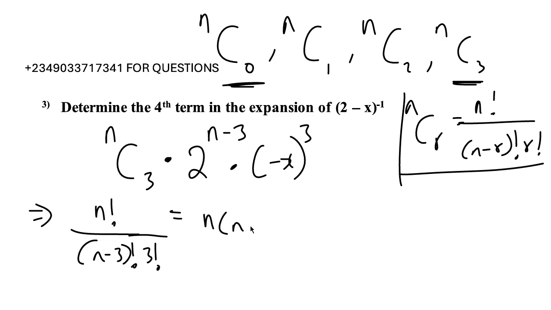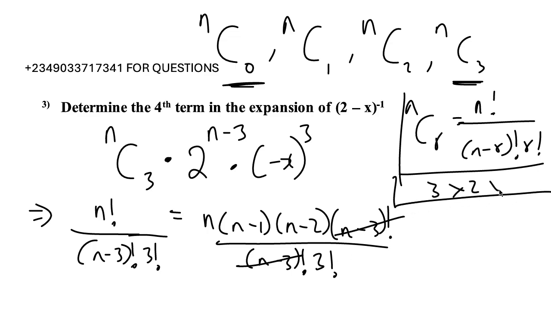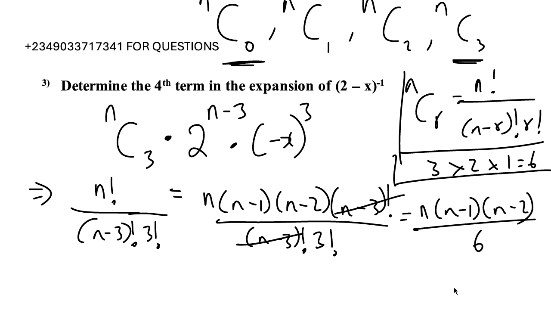Which is n into n minus 1 into n minus 2 into n minus 3 factorial over n minus 3 factorial. So this can cancel this. And what is 3 factorial? 3 times 2 times 1, which is 6. So n combination 3 is simply n into n minus 1 into n minus 2 all over 6, right?